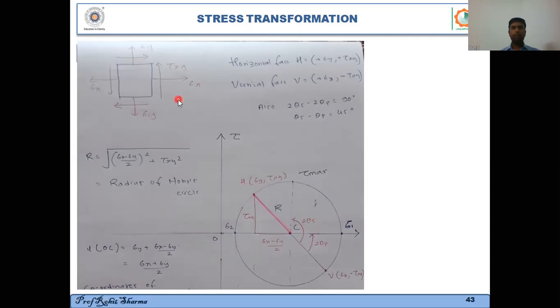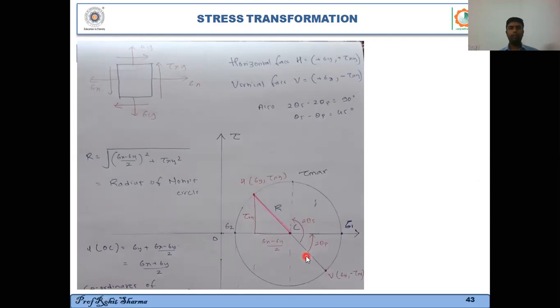Also, we always consider this face, the vertical face, as our reference point, right? We have discussed this many times in class, that we consider this vertical face as our reference face. So this point V will be our reference point, and we'll mark all the angles using this line CV as our reference, right?